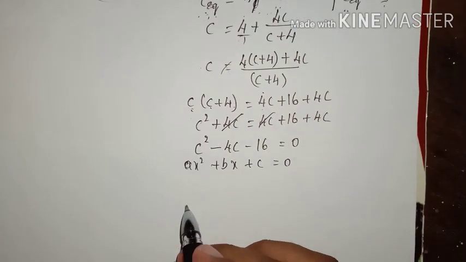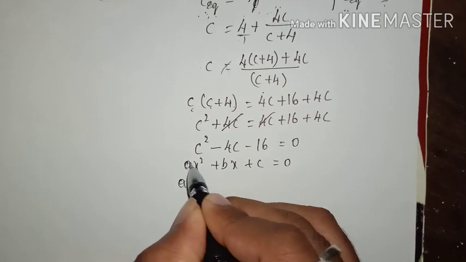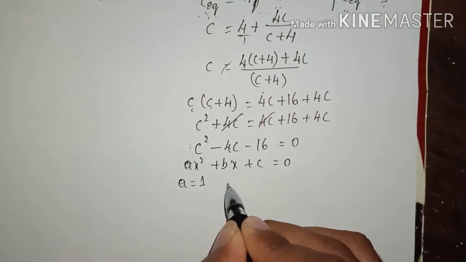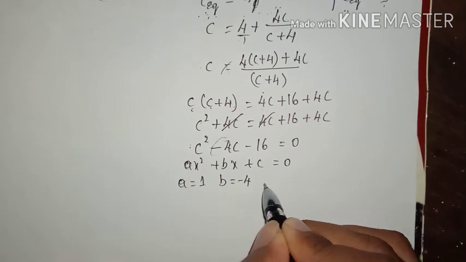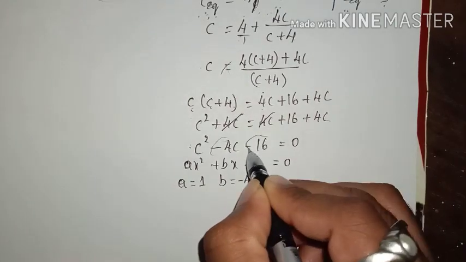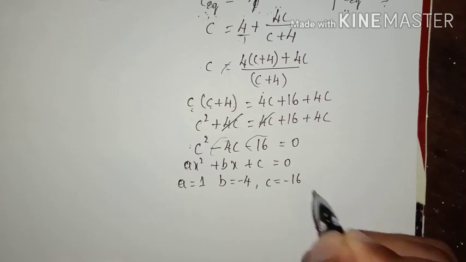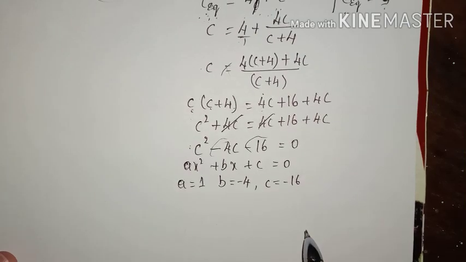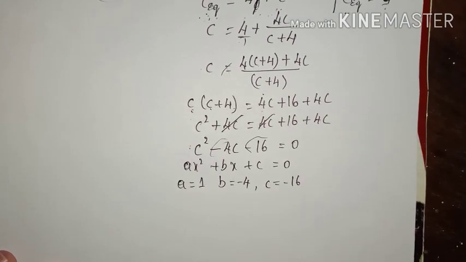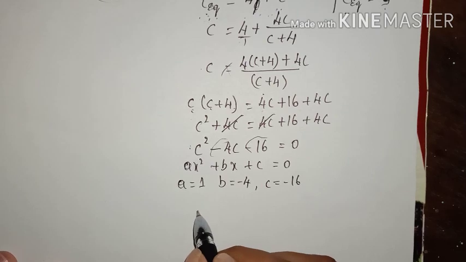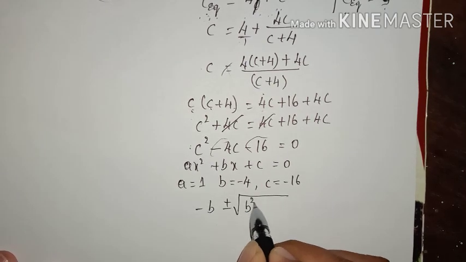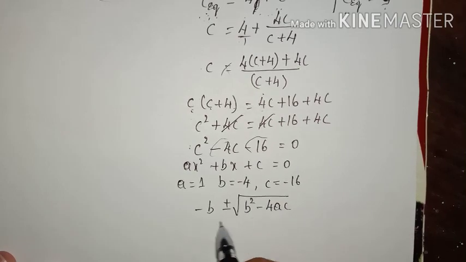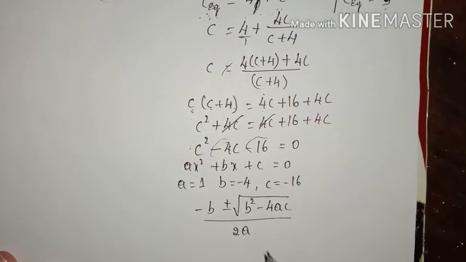Here the value of a is 1, b is minus 4, and c is minus 16. And you know the formula to find the roots: minus b plus or minus square root of b square minus 4ac whole divided by 2a.